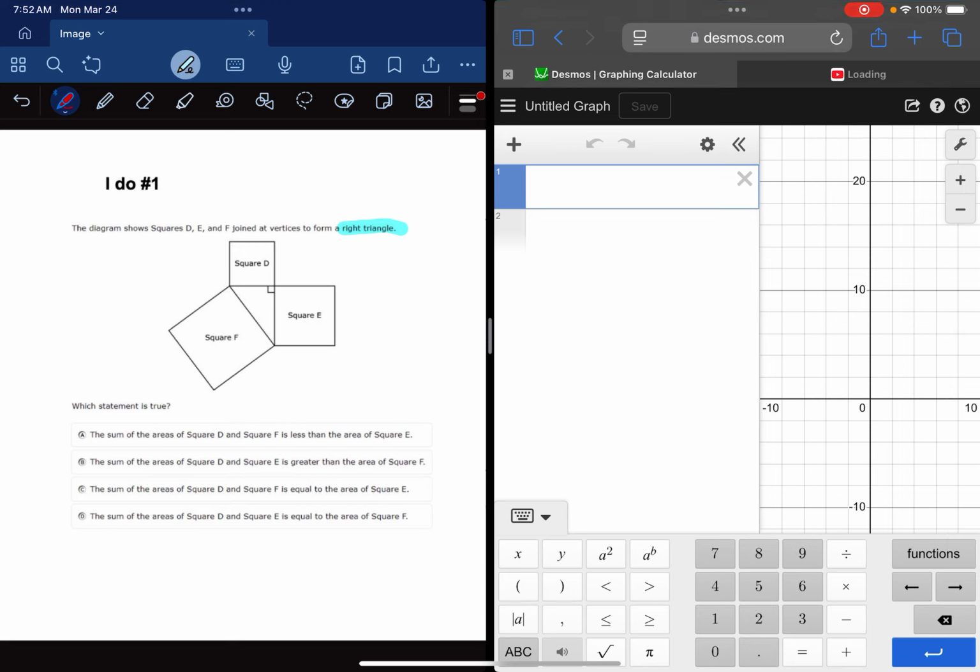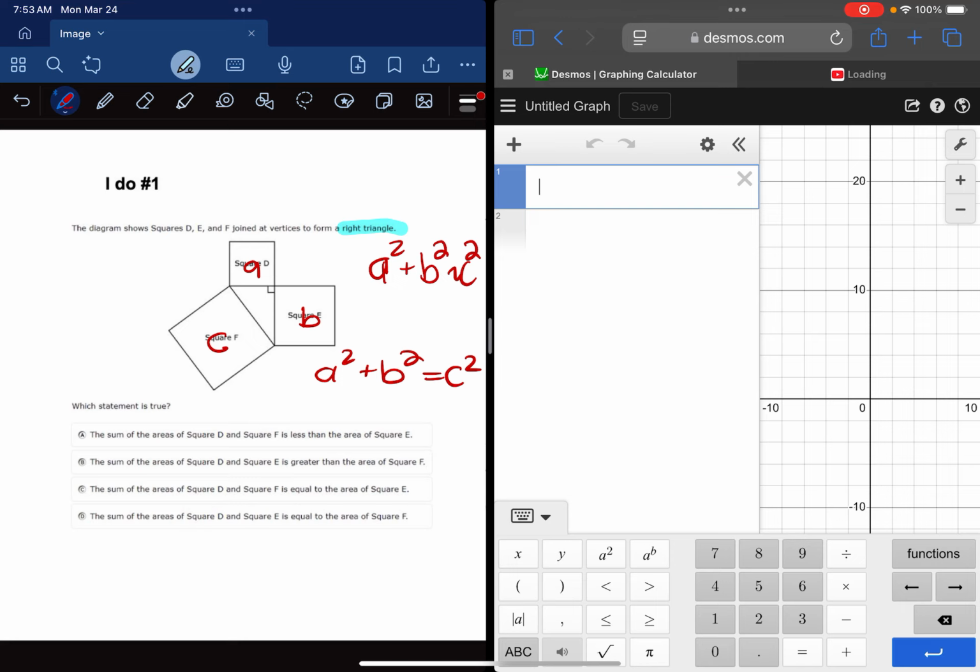The Pythagorean theorem says that the area of the two smaller squares used to form a right triangle is equal to the area of the larger square, meaning that this is A, B, C. So if I take A squared plus B squared, it should equal C squared.